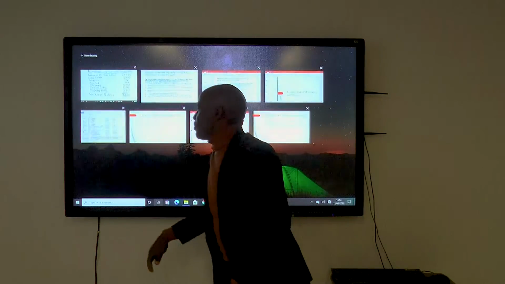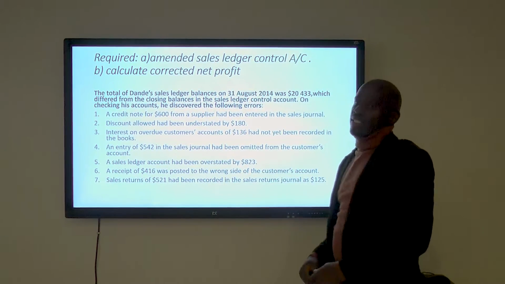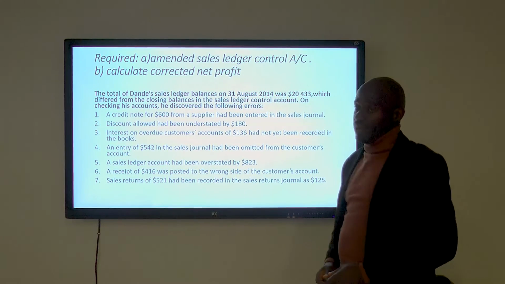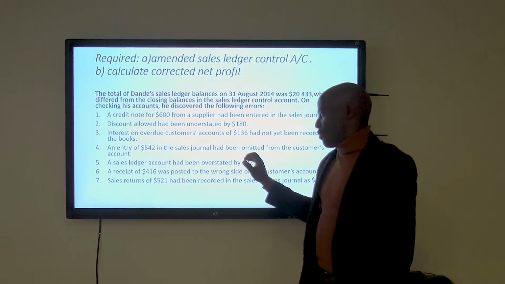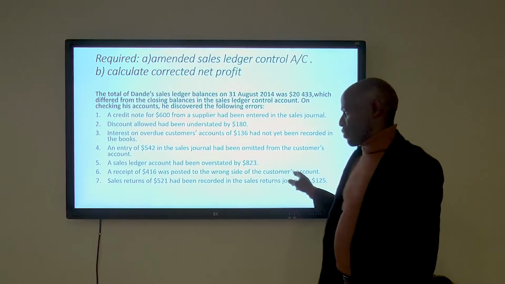Let's go back to our question. Error number 6, a receipt of $416 was posted to the wrong side of the customer's account. Now, this error, many learners have challenges correcting such an error.